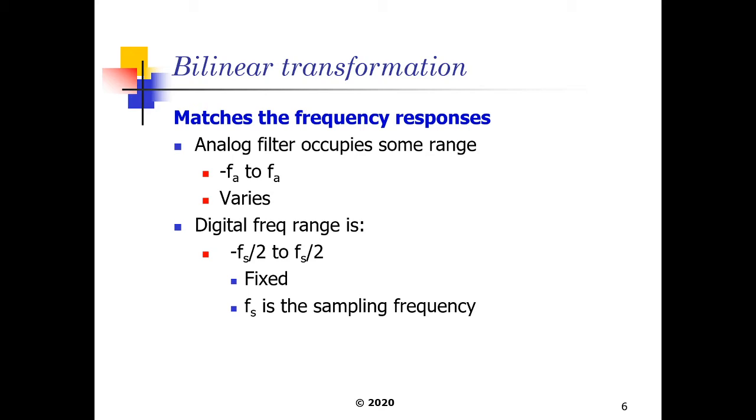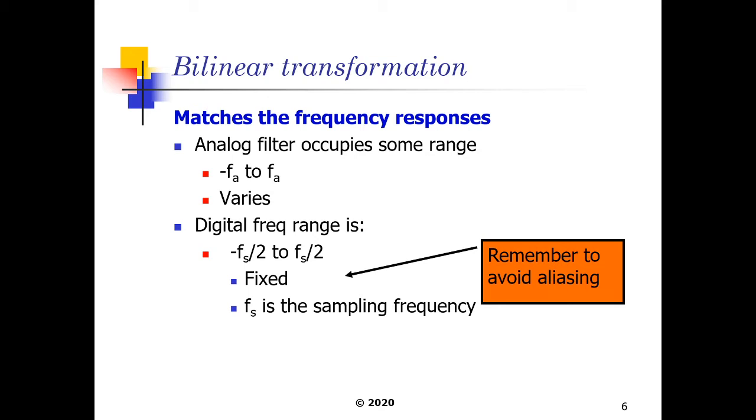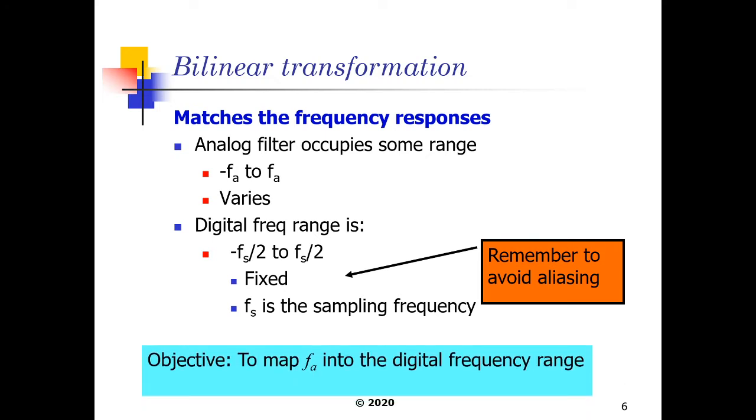We fix that digital frequency range, where f_s is referred to as our sampling frequency. In fixing the frequency range, we need to make sure that we avoid aliasing as well. So in the design we adjust the frequency range to match the Nyquist theorem accordingly. The overall objective of the bilinear transform is to map the analog frequency cutoff into the digital frequency range for the filter that we're designing.